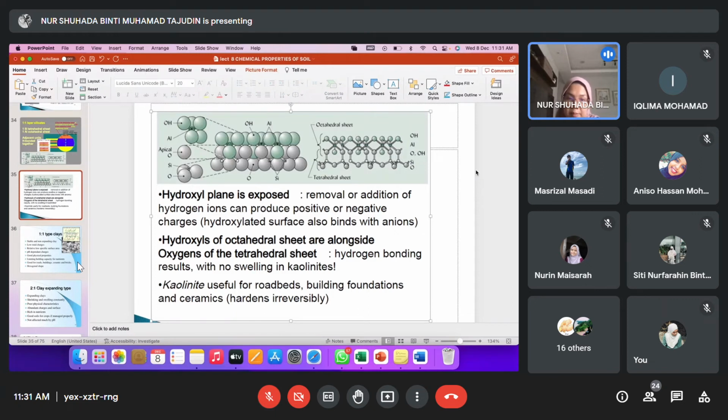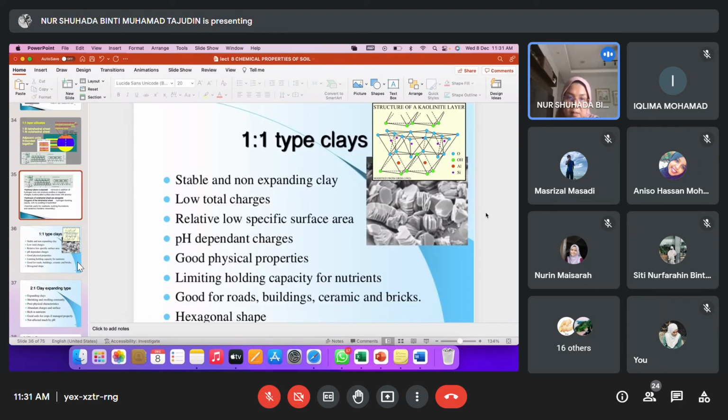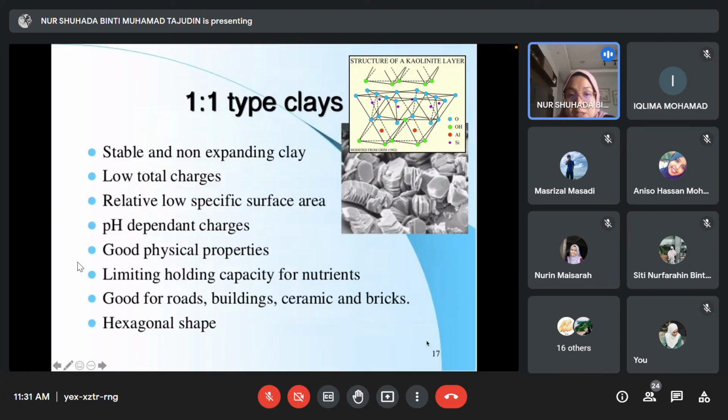I put a few pictures so that you can have a look. So 1-to-1 clay is stable, it doesn't expand, it has low total charges, and relatively low specific surface area. It has pH dependent charges, meaning that it doesn't depend on substitution.